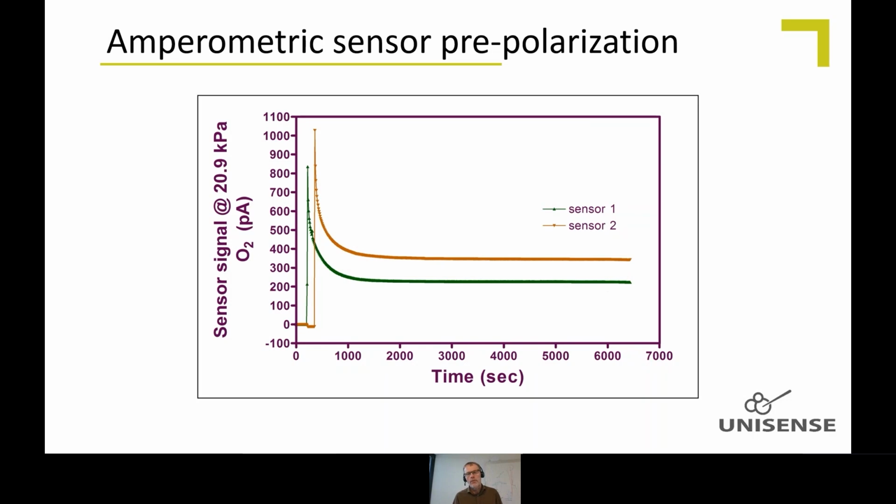So we always recommend that you switch the sensor on at least a couple of hours before you need to use it. And if possible, do it the day before. The lifetime of the sensor does not depend on whether it's being polarized or just lying on the shelf. But a long pre-polarization will give a very stable sensor. So polarize early.